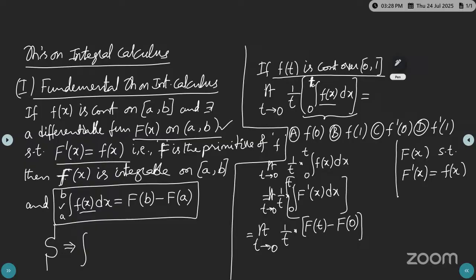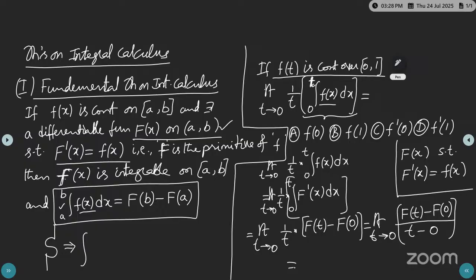So you can write it as limit t tends to 0, capital F of t minus capital F of 0 by t minus 0.